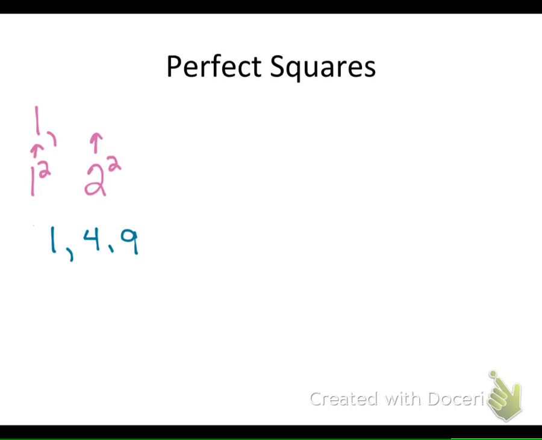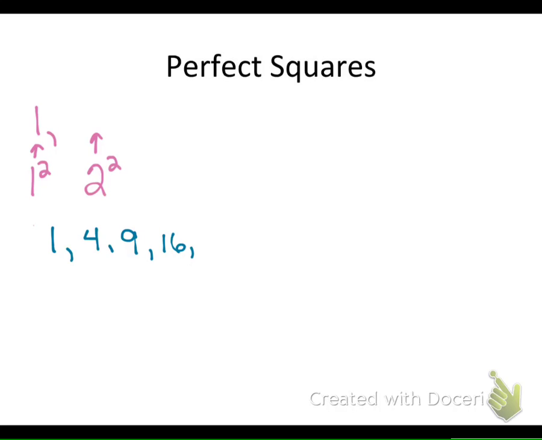Okay, so we've done 1, 2, 3. Now we need to do 4 squared. Damon, what's 4 squared? What's 4 times 4? 16. After 4 squared, I'm going to do 5 squared.